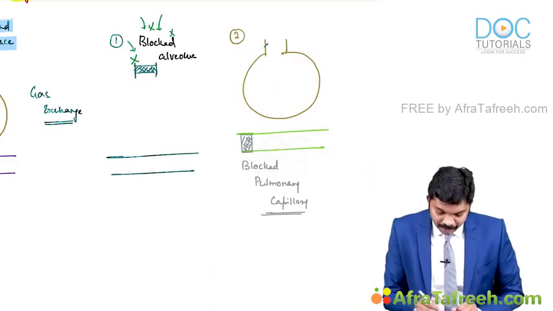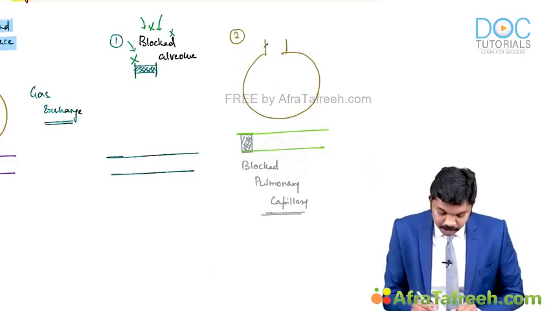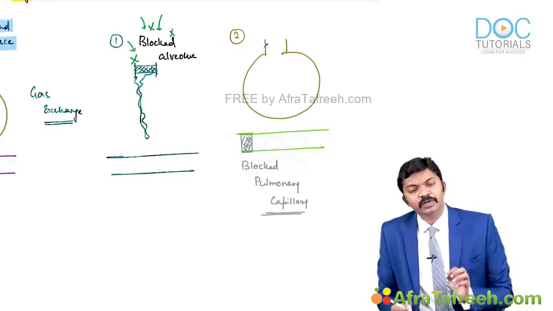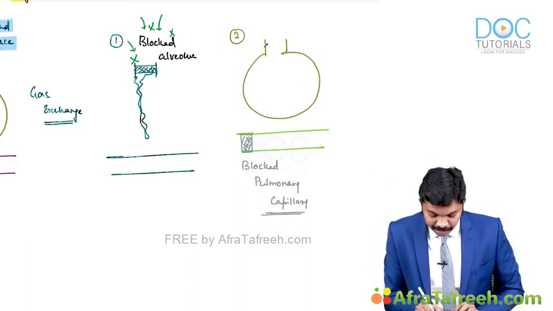Alveoli are non-cartilaginous structures, and a non-cartilaginous structure will stay open only when there is air in it. When there is no air inside an alveolus, it cannot remain open. When the alveolus does not remain open, it will go for atelectasis and it will collapse like this. There is going to be an alveolar collapse, which means it is an atelectasis.